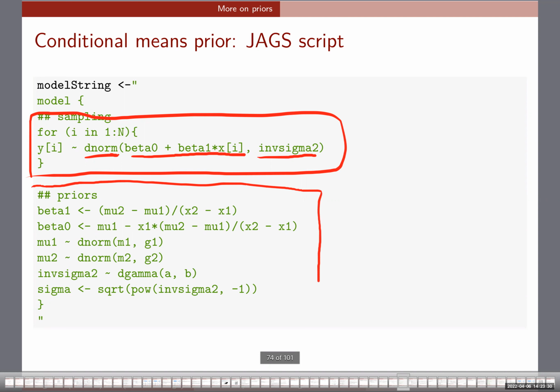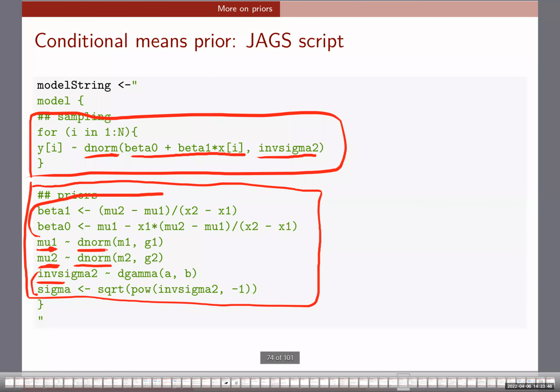Remember, we are not giving a prior to beta 0 and beta 1 directly, but we are giving a prior for mu1 and mu2. So I have mu1 following a normal, mu2 following a normal. I still have my inverse gamma and inverse sigma and all that, that's all fine. But I have these two new equations because I was able to solve for beta 0 and beta 1 if I know my mu1, mu2, and x1 and x2.